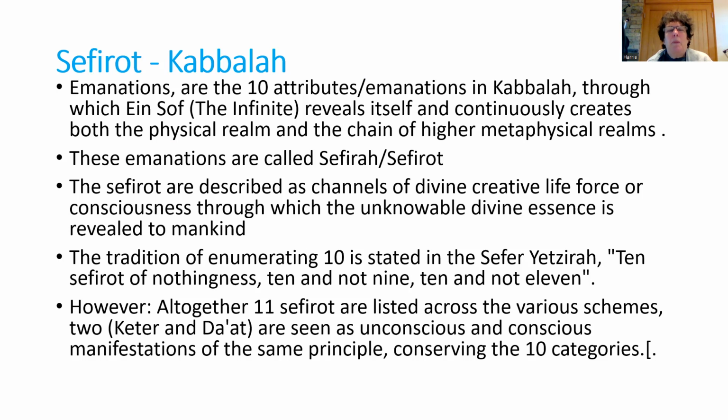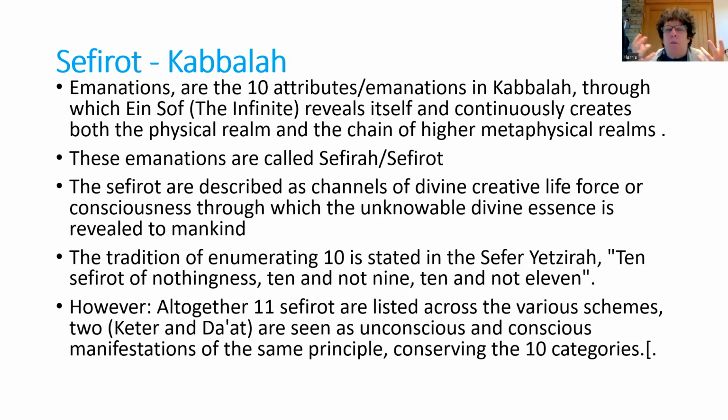In Kabbalah, there's this idea called Tzimtzum, that God contracts a little bit to make space for the universe. God contracts his infinite light to make space where he's still there, but it allows the finite to emanate itself. And God emanates the finite through what are called Sefirot, 10 attributes, emanations.